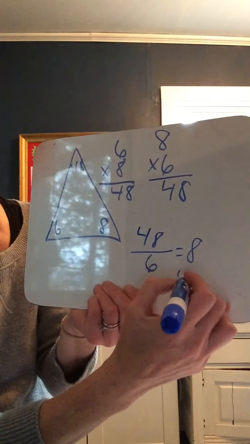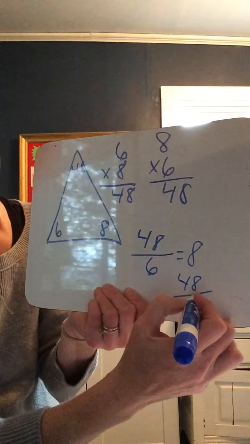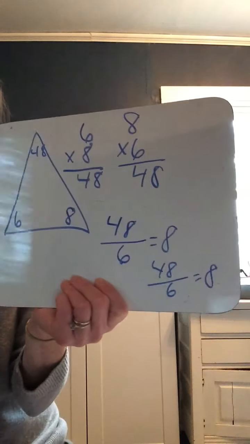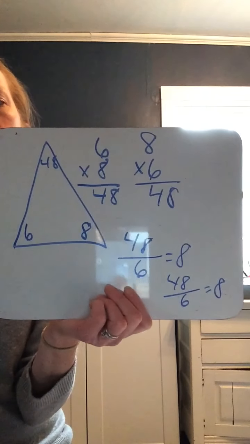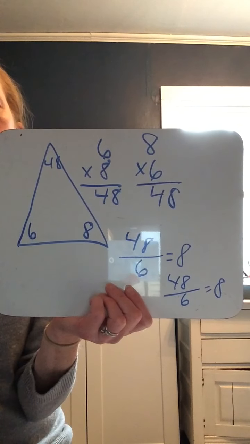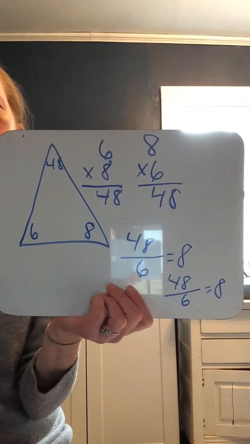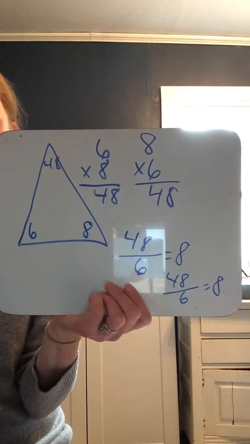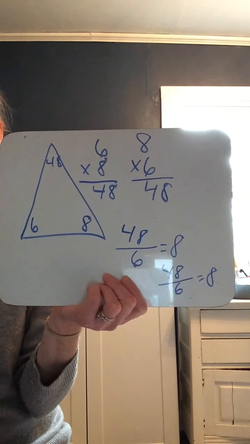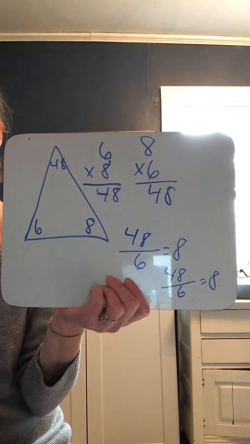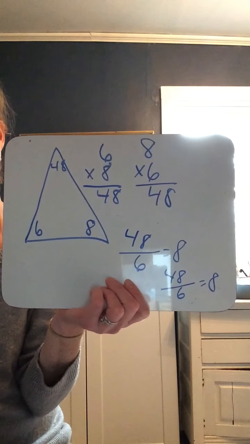And then 48 divided by 6 equals 8. So I'll give you a minute to get that written down. So that is how you do the triangles, and you'll continue with the rest of that on your own.